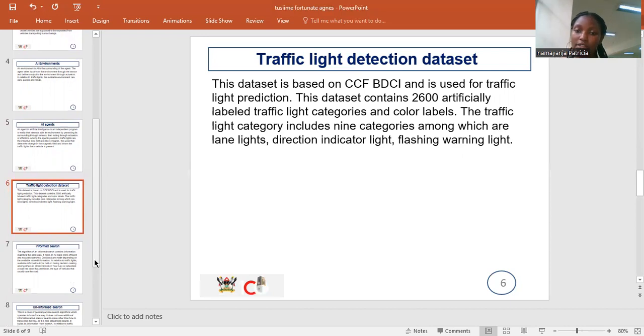It contains 2,600 officially labeled traffic light categories and color labels. The traffic light category includes 9 categories, among which are lane lights, direction indicator lights, flashing warning lights, and the rest.